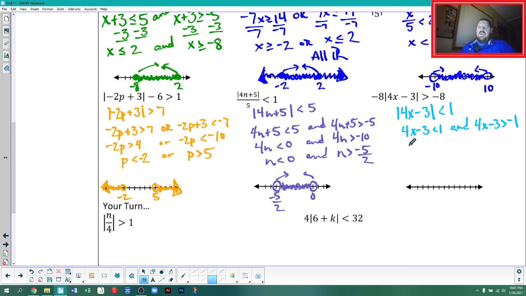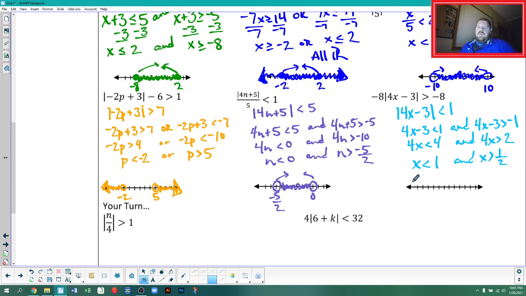I might run out of room there. Add 3 to both sides. 4x is less than 4, and 4x is greater than, adding 3, positive 2. Okay. This is going to be x is less than 1, and x is greater than 1/2.